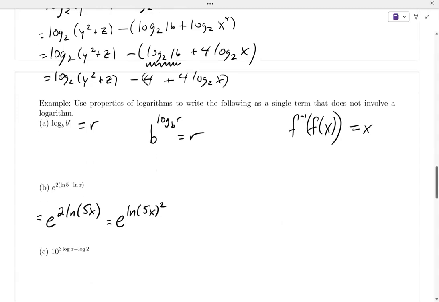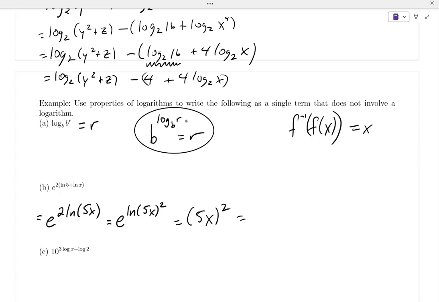All right, so now look at this property. What's ln again? It's log base what? E. So notice I've got this situation, don't I? You've got e to the log base e. So again, those undo each other. So what are we going to end up with? Yeah, the 5x, the whole thing squared, right?